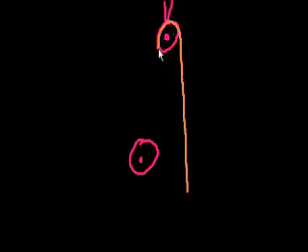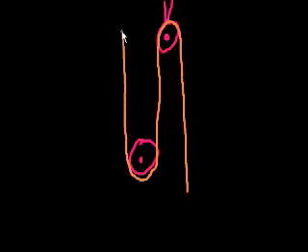Let's say here. And let me see if I can draw my rope in a good way. So my rope starts up, going up like that, then it comes back down, comes around the second pulley, and now this is attached to the ceiling up here. And the second pulley is actually where the weight is attached to.